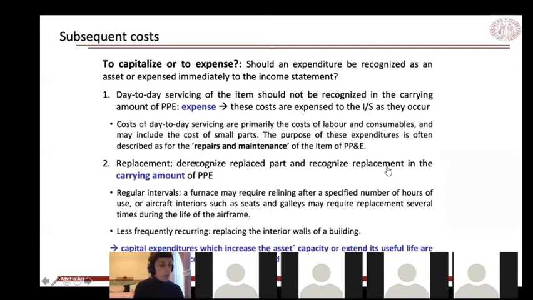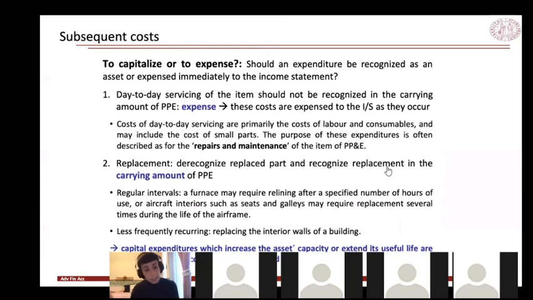Okay, so this slide here gives you a summary of what to do with any subsequent cost. So we looked at the initial recognition of the asset. We said that we can recognize it and write it under assets.